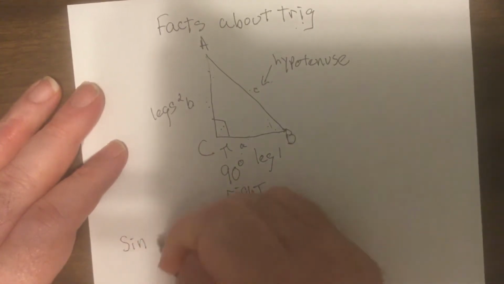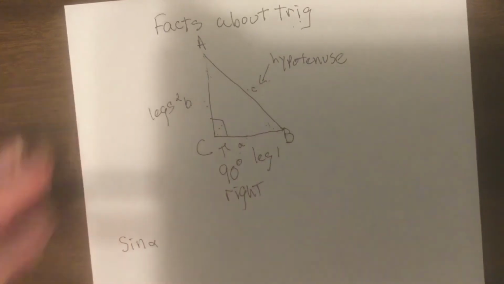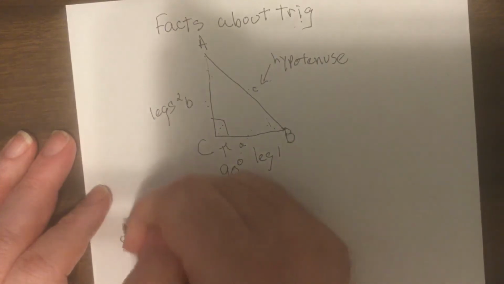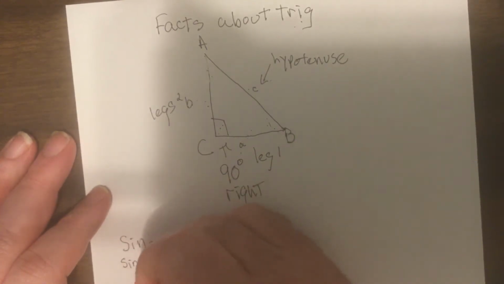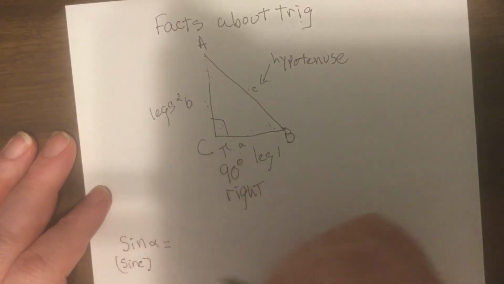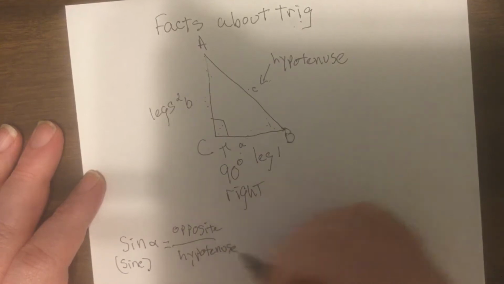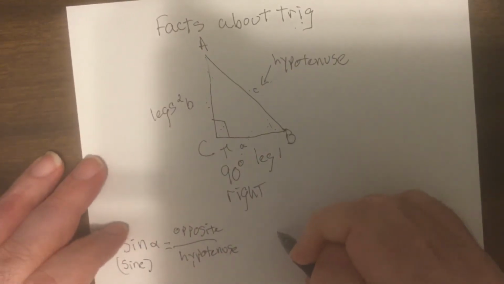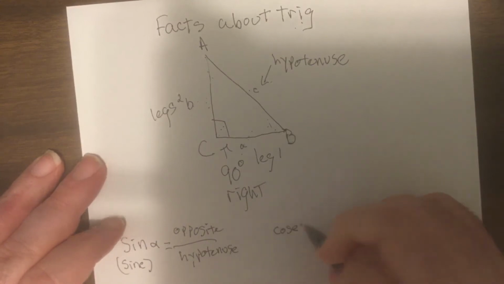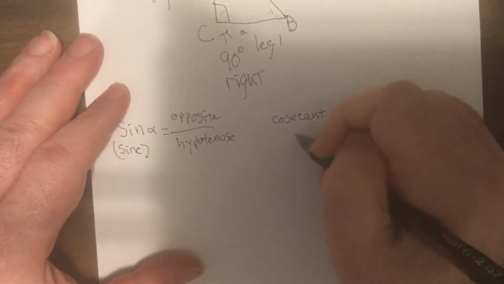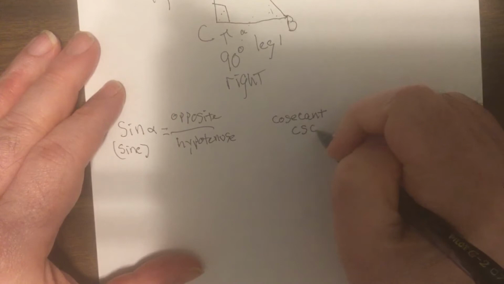So the sine of an angle, now they usually use a Greek letter if you don't have a specific angle at the moment. Sine, which is abbreviated S-I-N, but don't worry, we can pray the sin away, is opposite over hypotenuse. Then the reciprocal of sine is cosecant, which is abbreviated CSC.